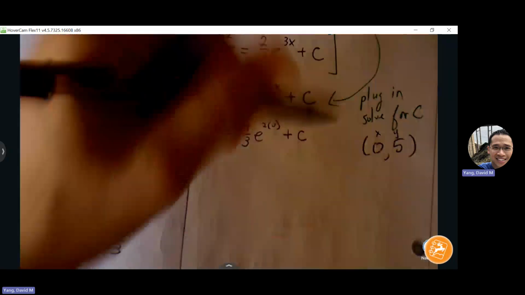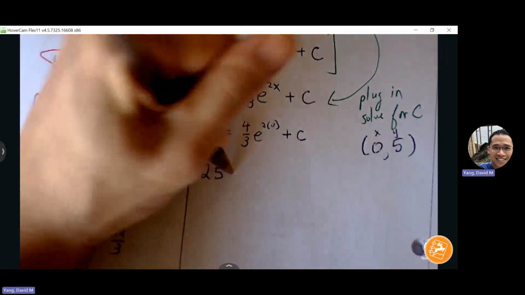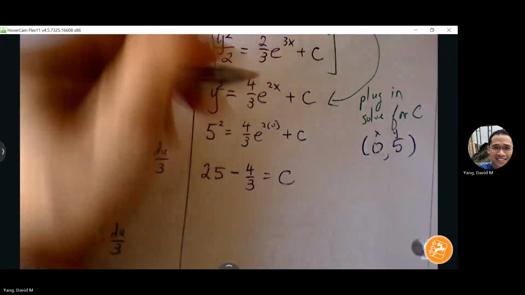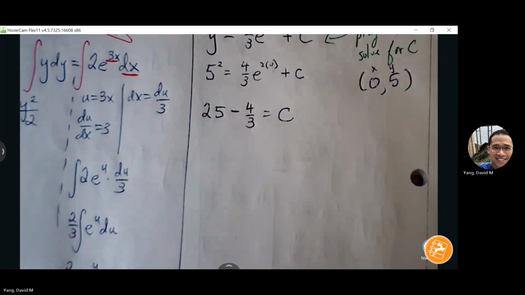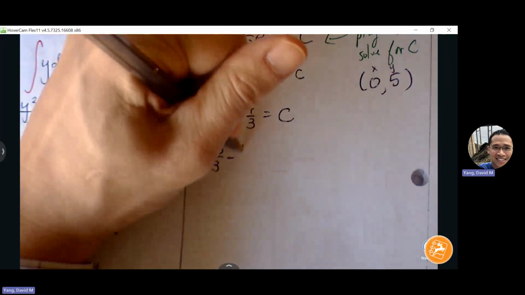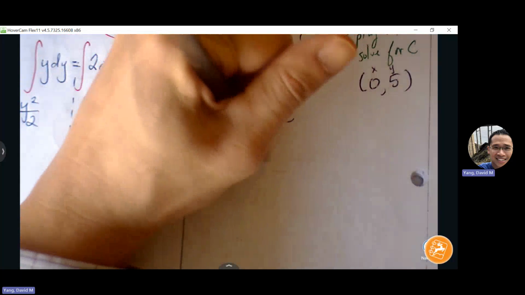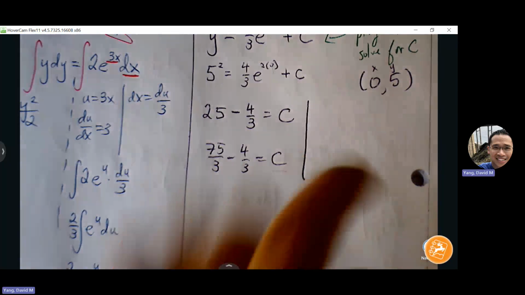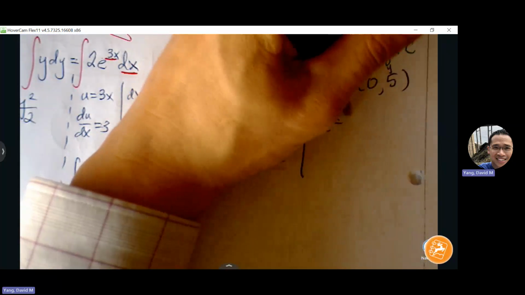I can subtract 4/3 from both sides. Common denominator, I can make this 75/3 minus 4/3. This gives me 71/3. So my c value is 71/3.